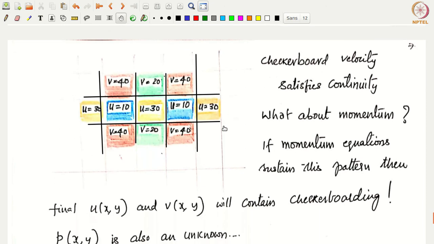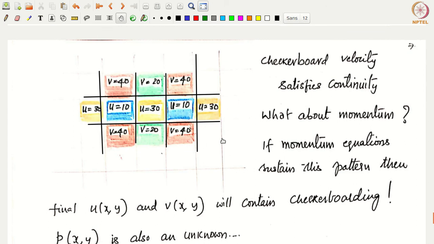Okay, but we also know that we are not just solving for the continuity equation, right? So if the continuity equation supports this kind of thing, let it be, because we have the other equations, which are the momentum equations. What about the momentum equations for u and v? They may not support this kind of checkerboarded velocity pattern. As a result, this will be thrown out at some point in the solution procedure. However, if the momentum equation for some reason sustains this pattern, then this will be there in the final solution as well.